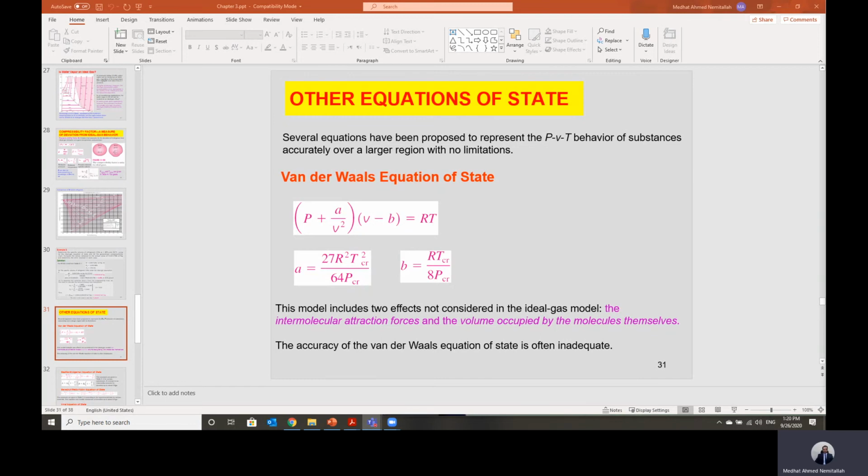In this case, we have to use the modified equation Pv = ZRT, where Z is a compressibility factor which accounts for the real volume of the gas. This parameter Z is a function of the reduced pressure, which is the pressure divided by the critical pressure, the reduced temperature, which is the temperature divided by the critical temperature, and the reduced specific volume, which is the specific volume divided by the critical specific volume.